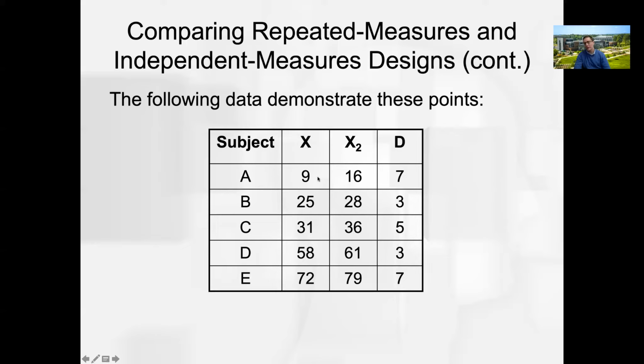If there's that much variability in the population, we're going to have to find a massive difference to be able to say, okay, this is probably not due to sampling error. This is probably due to an actual treatment effect. However, by doing a repeated measures test, we remove those individual differences such that we get this difference score, this D score, right? So it doesn't matter where they are on that absolute scale. What matters is their difference from point A to point B, or time 1 to time 2.